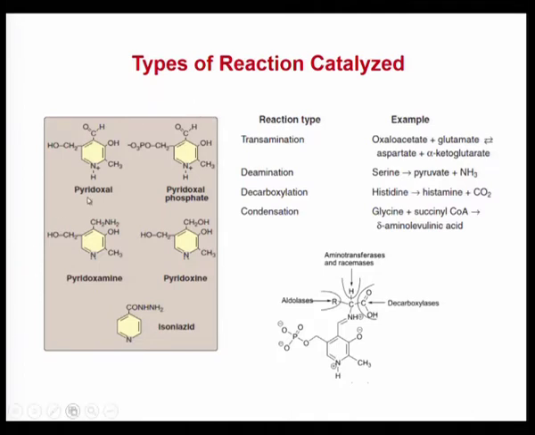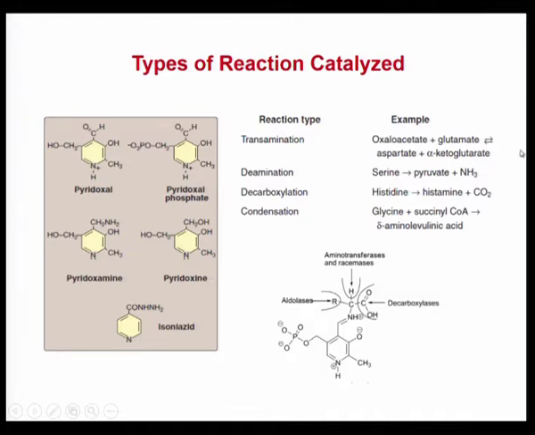See, this particular compound, as I've told you, is a fundamental compound with the pyridine ring, and the active form is what we call pyridoxal 5-phosphate. And these are the reactions that they catalyze: transamination, deamination, decarboxylation, and condensation. When you say transamination, you transfer an amino group from one compound to the other.